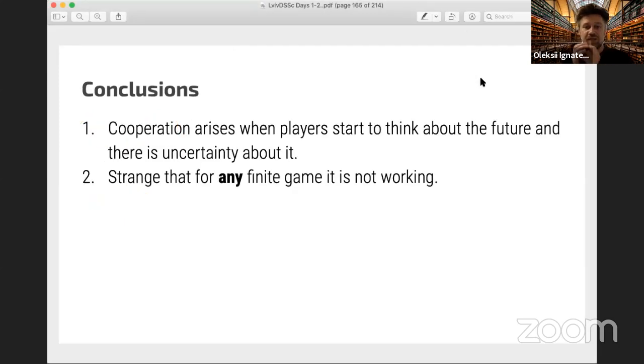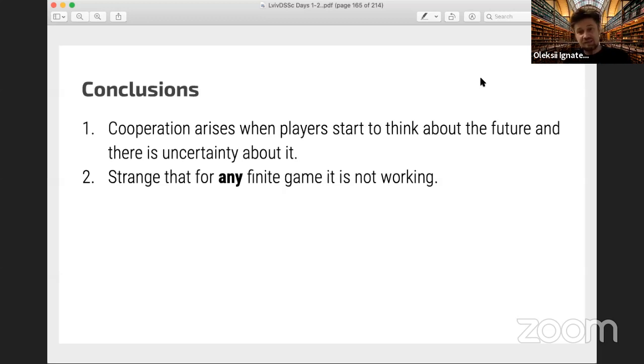So cooperation arises when people start to think about future uncertainty.